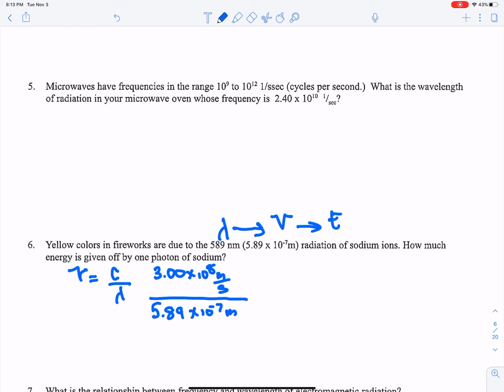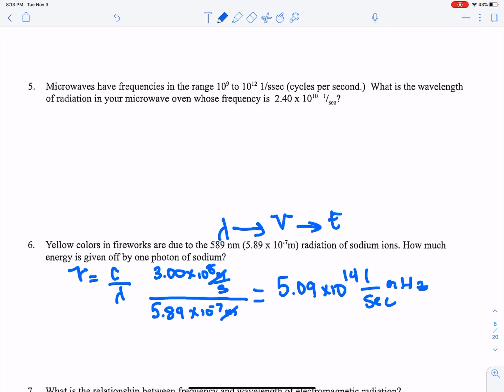So when I do that, 3.00 E to the 8 divided by 5.89 E to the negative 7. So when I do the math, my frequency is 5.09 times 10 to the 14 hertz. So cancel out meters, it's going to be 1 over a second, or hertz. They mean the same thing.